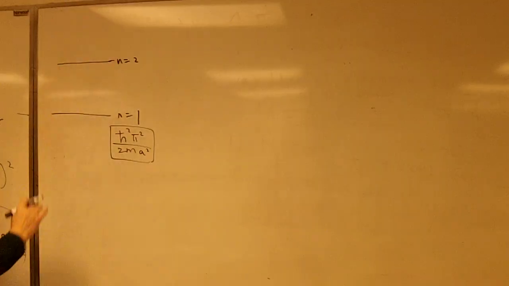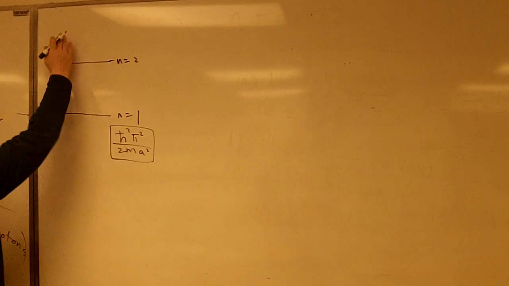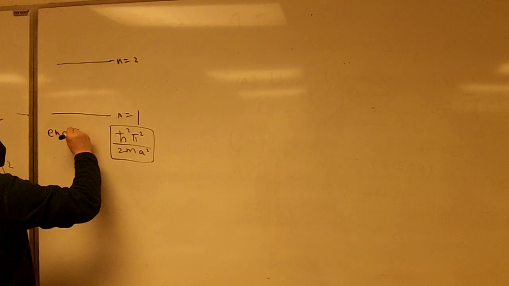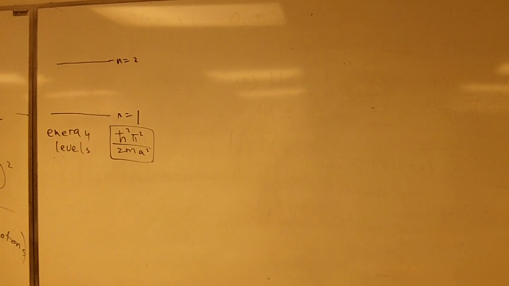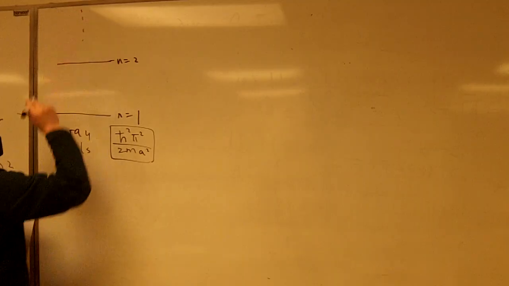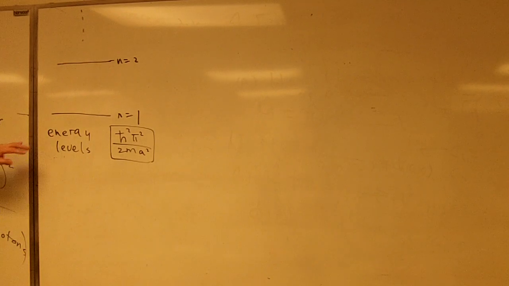And 3 is a whole lot larger. These are called energy levels. You could have a whole lot more energy levels above like this. Later I will show you a real example where this actual particle in the box appears. But for the moment, let's just look at these energy levels.